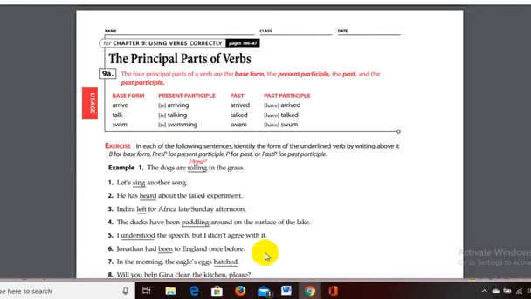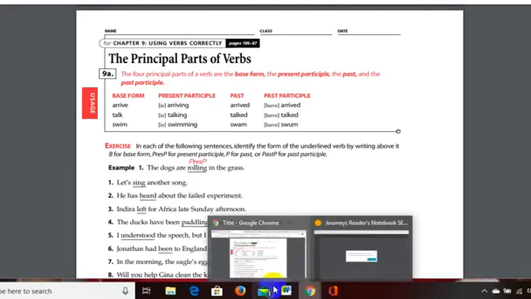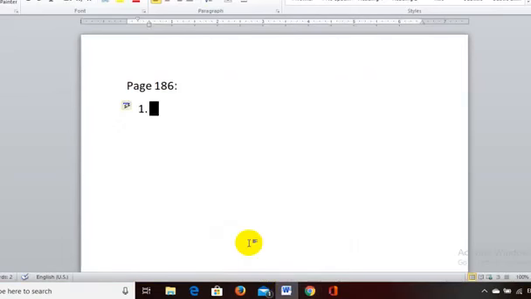Let's sing another song. It means let us sing another song. So sing here is in which form? It is in the base form. Yes, so we're going to write B for base. Okay? B, or I'm just going to write for you guys, base.